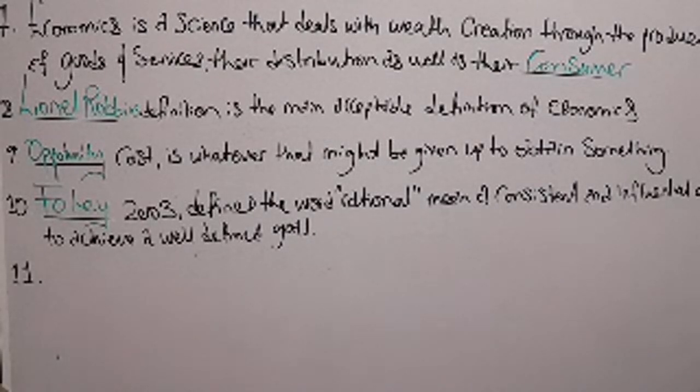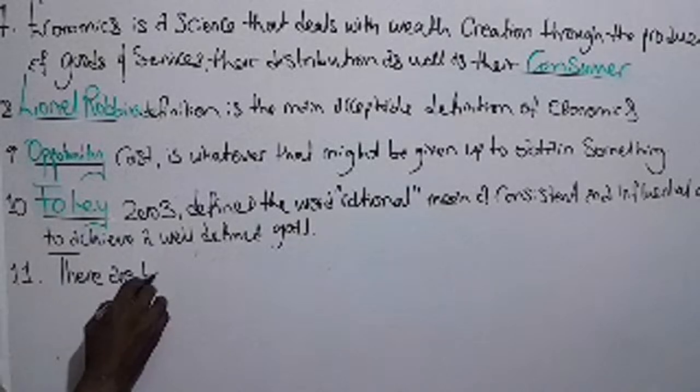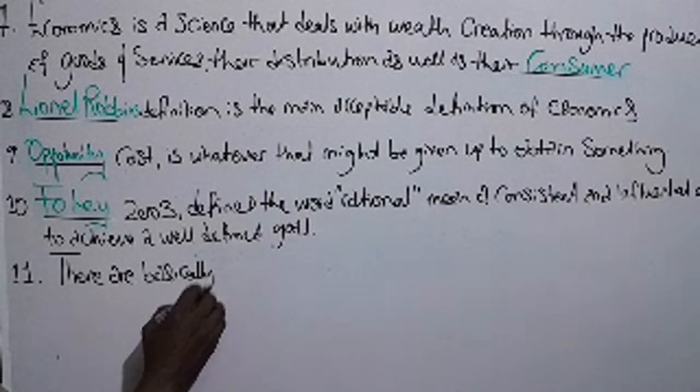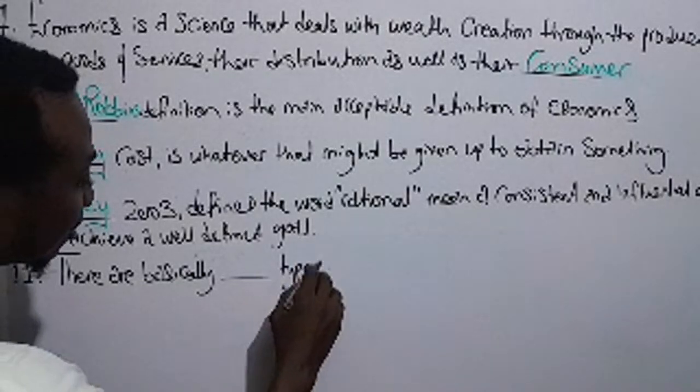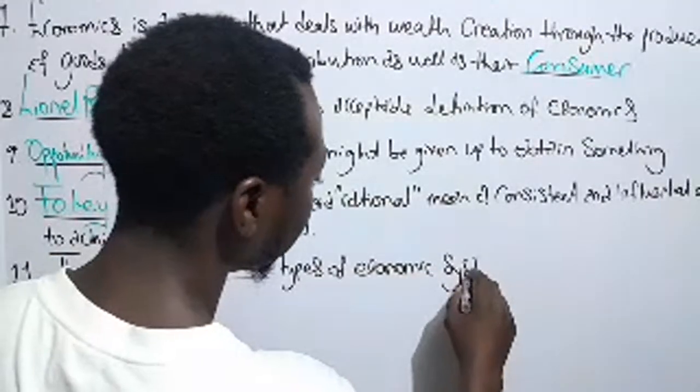Question 11 says, there are basically dash types of economic system.